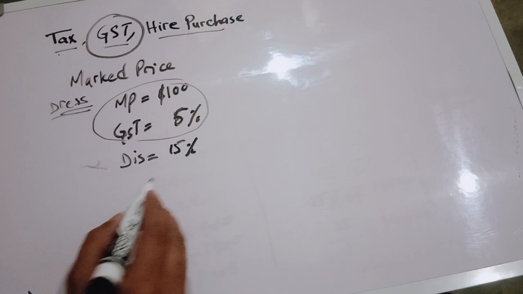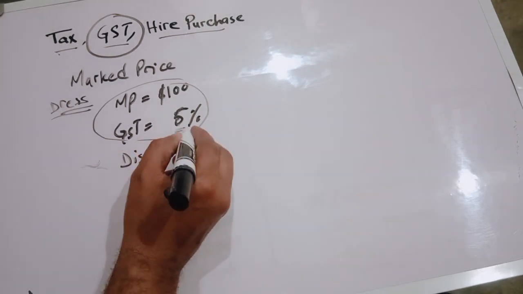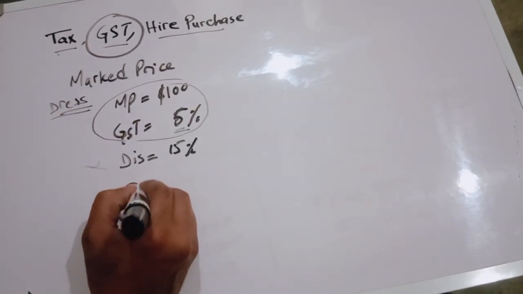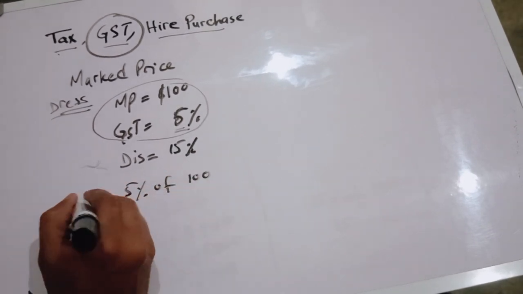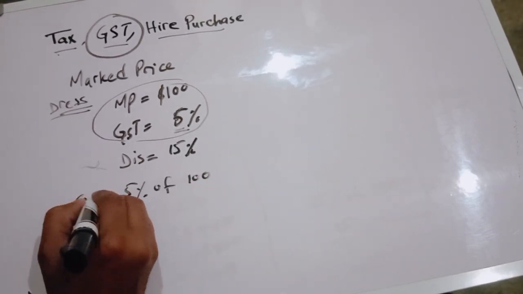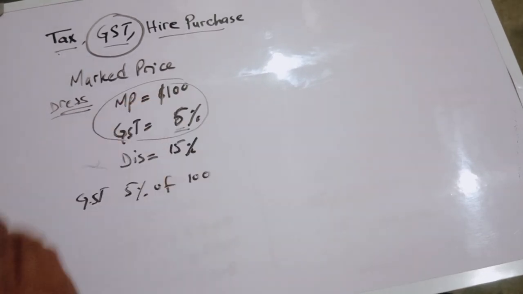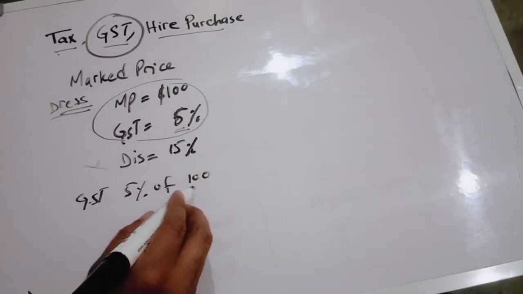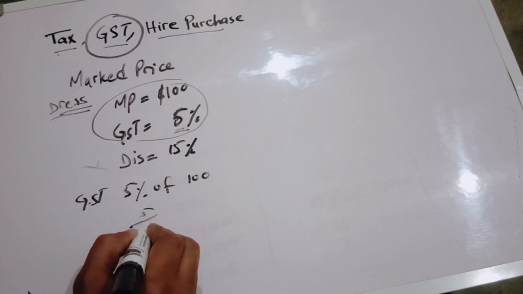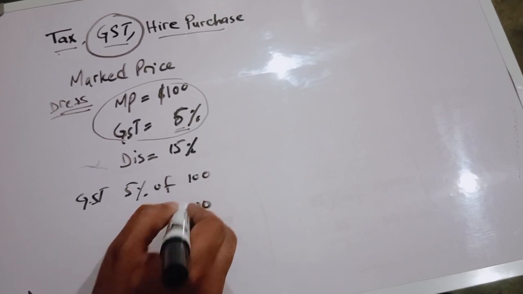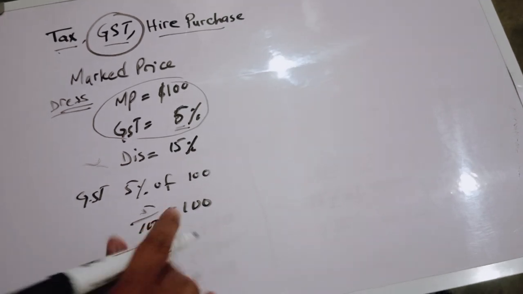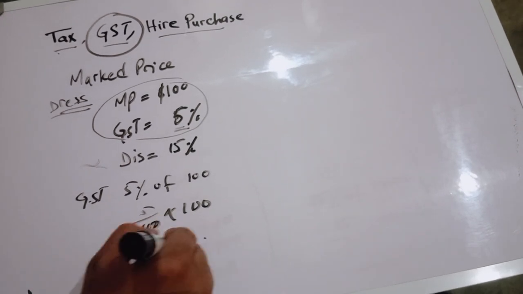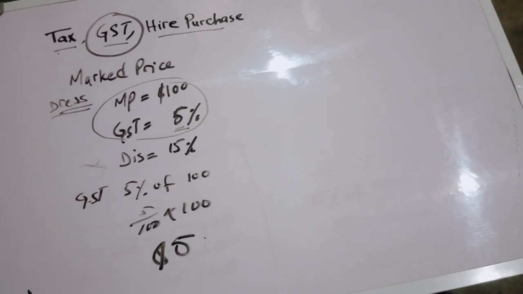So we need to calculate 5% of the total mark price, which is 100. That will be the amount of GST, how much GST will be added to this 100. So 5% of 100 means 5 by 100 times 100. So it's $5, so that is the amount of GST.